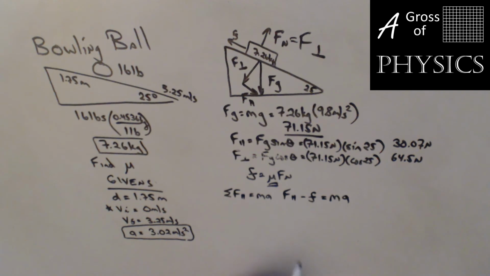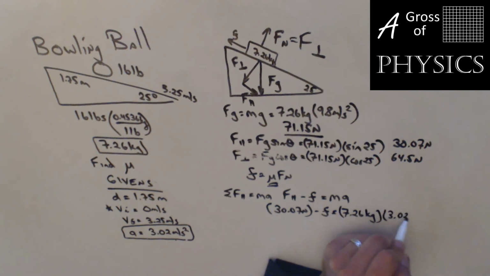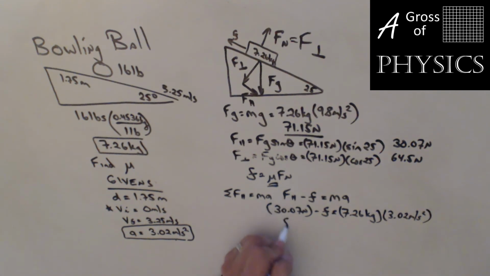Now, most problems we've done so far, we've been finding the acceleration. This time we know the acceleration. We're going to put that there. And let's plug in what we know. 30.07 newtons minus friction equals m, which is 7.26 kilograms, times 3.02 meters per second squared. And we could find friction.